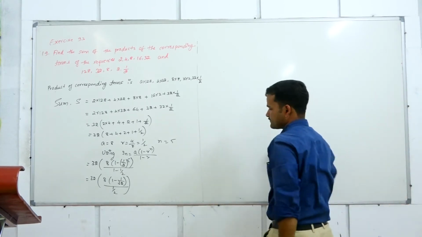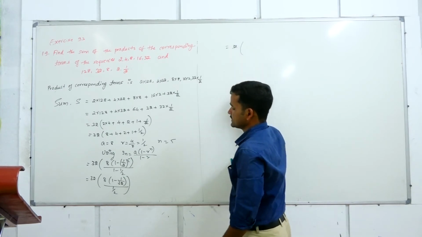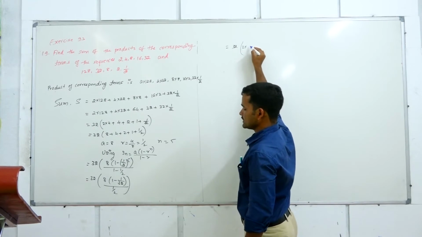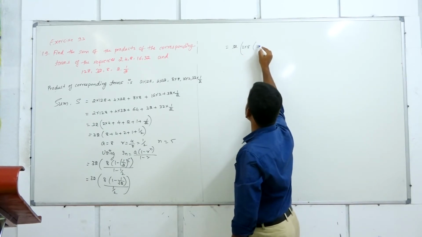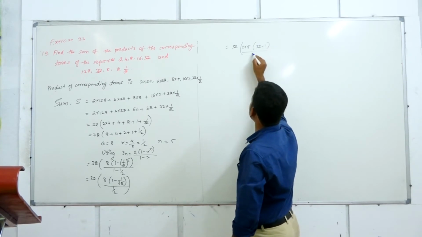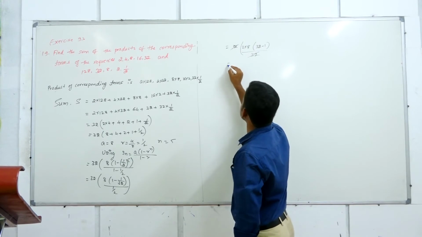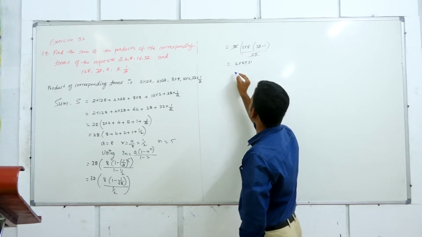Thirty-two into, that 2 will come to the numerator. 2 into 8. If you cross multiply that, 32 minus 1 by 32. 32 gets cancelled. 2 into 8 into 32 minus 1 is 31.